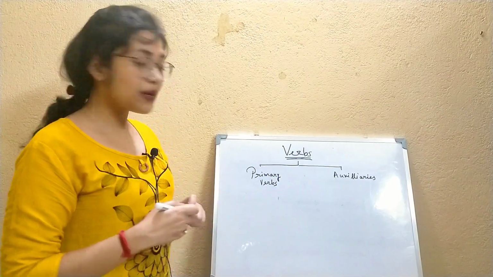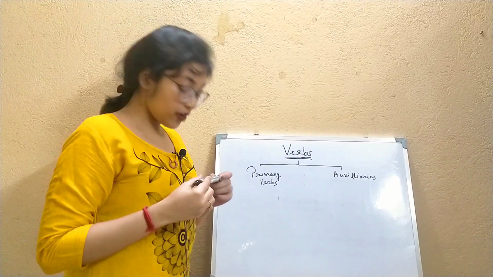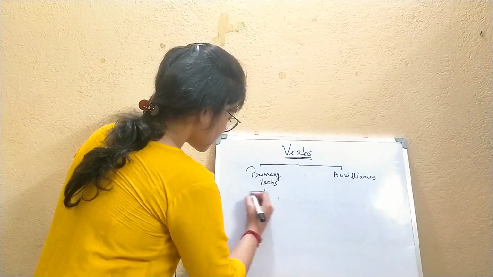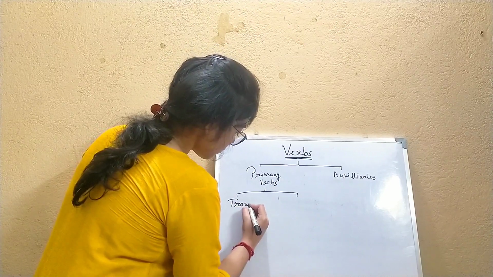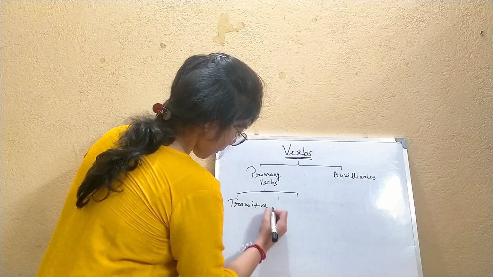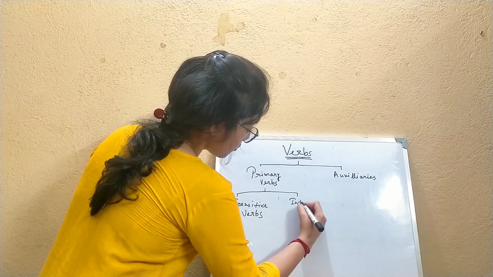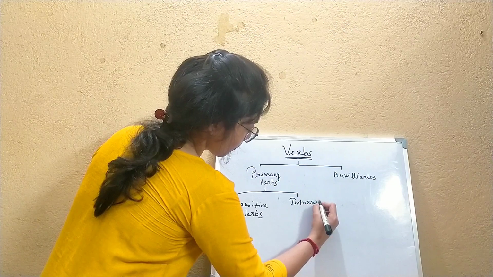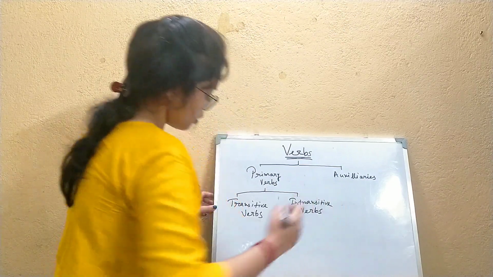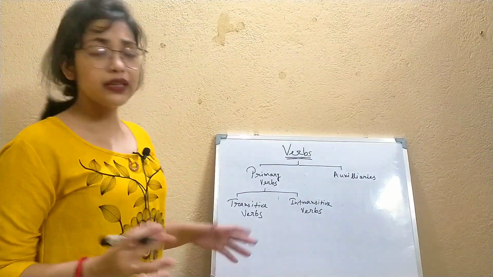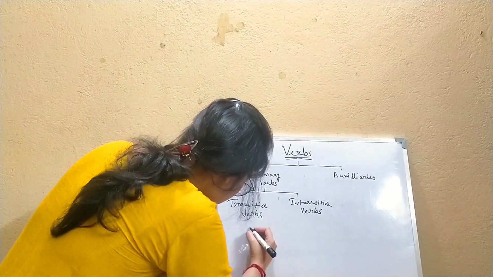Okay, so primary verbs can be classified further into two categories, which are transitive verbs and intransitive verbs. Okay, so now let me write a sentence for you.